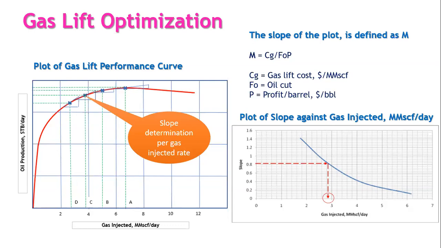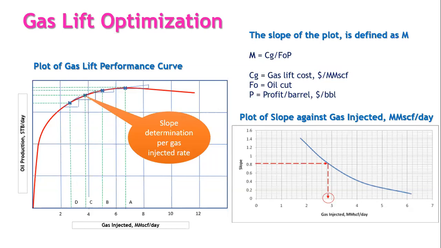Of course, the gas lift cost should be defined, or the company should have knowledge of it. If this is the original one, we have to get reference from other operators. Of course, the profit per barrel also depends on each particular field.